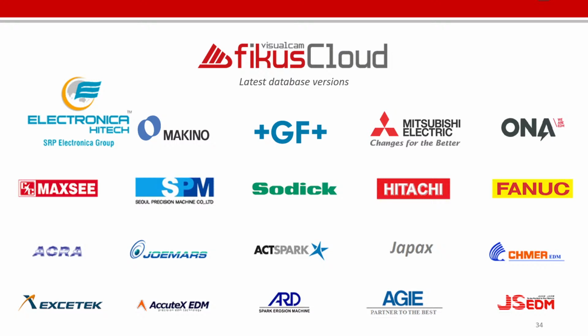Whatever new database you need to install as per your license, you can go to Ficus Cloud, select the database, and work on it. This is a good product for everyone, who can use it directly from their cloud system.